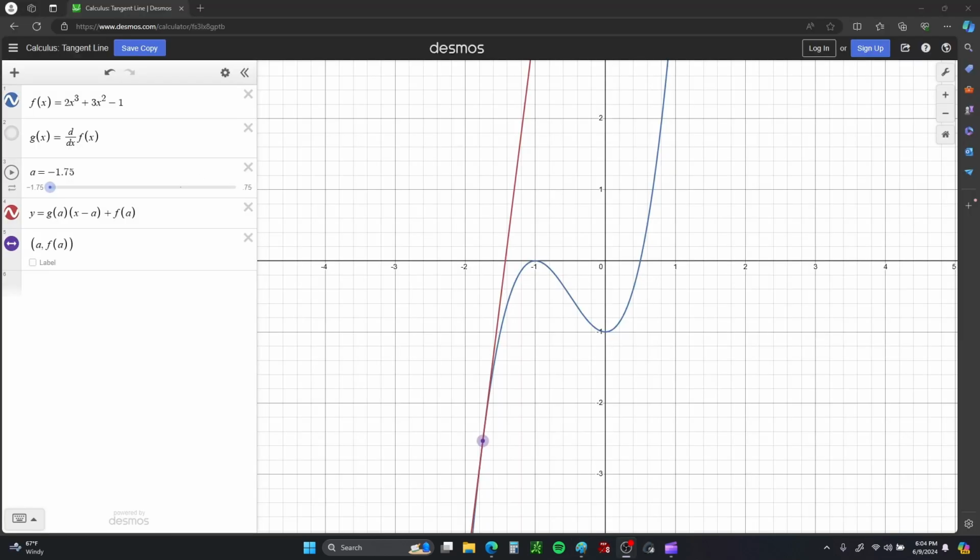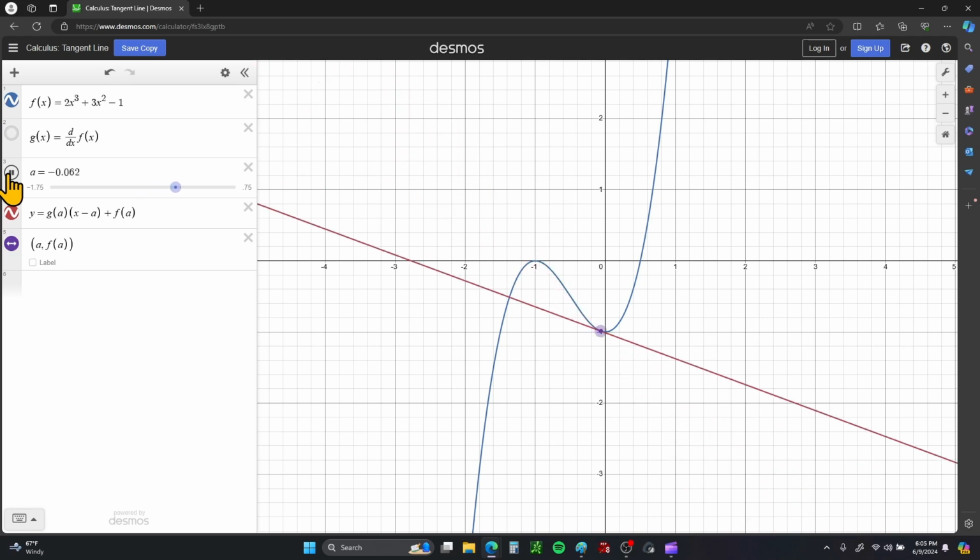Here looking at Desmos for the equation 2x cubed plus 3x squared minus 1. I have the tangent line set up, and it's going to run between x values of -1.75 and positive 0.75. So we'll see that as the tangent line is moving, we see it's increasing until it comes to a critical point, then decreasing until it comes to the next critical point, and then it continues to increase.